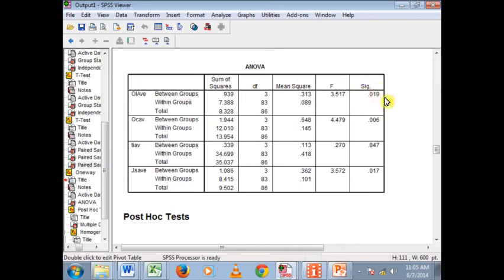your null hypothesis should be rejected. So with the turnover here, with a value of 0.84, which is not lower than 0.05, you have to retain the null hypothesis.